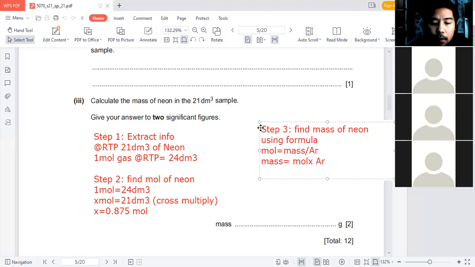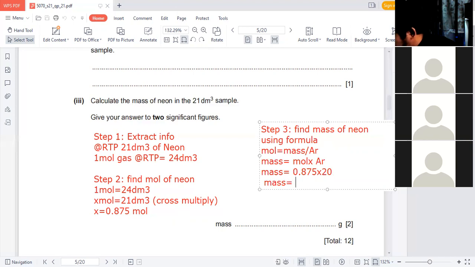So here mass is equal to 0.875 times Ar, Ar-nya berapa nih? Neon? 20. 20. Very good. So basically mass is equal to 0.875 times 20, 17.5 gram. Everyone got that?